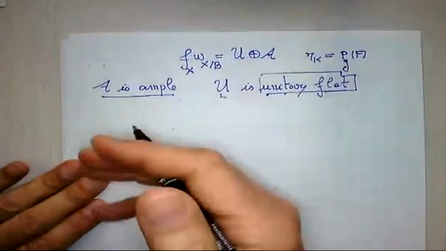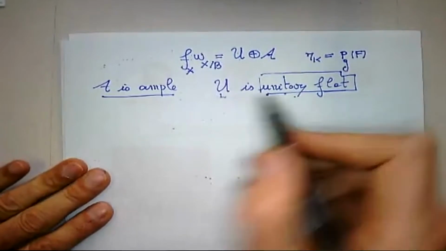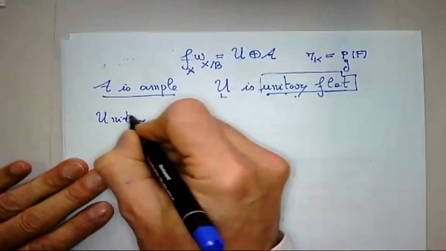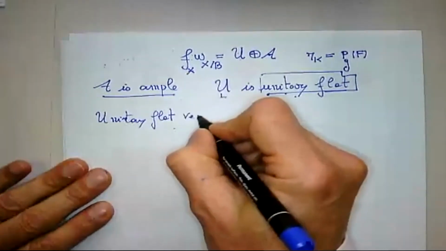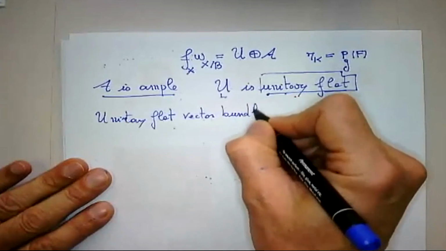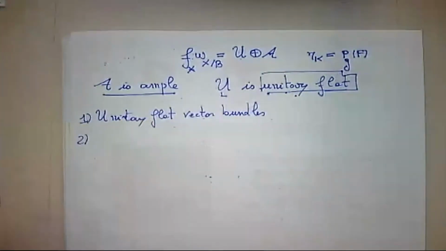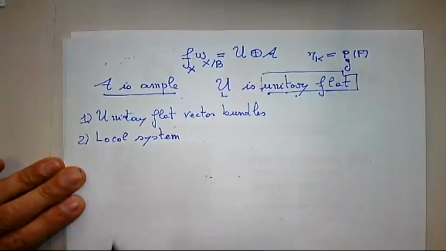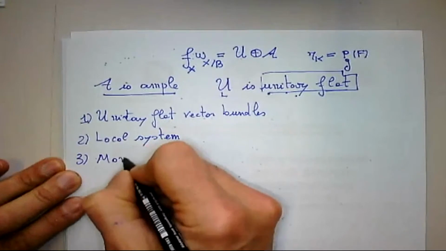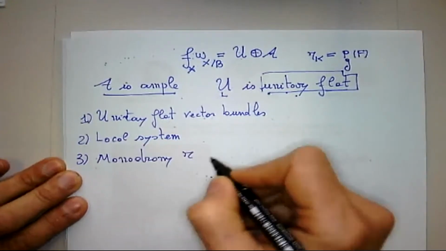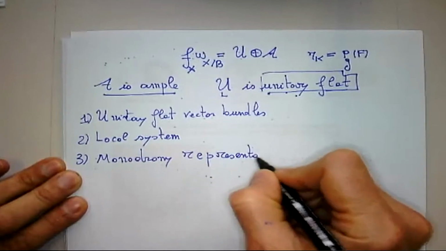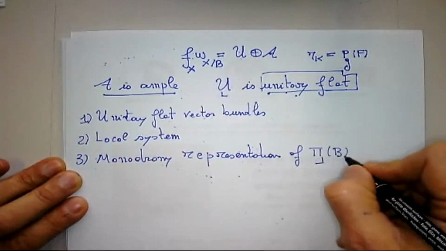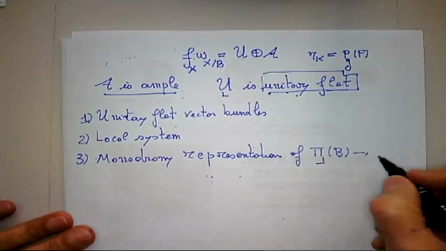There is an equivalence of categories between one, unitary flat vector bundles; two, local systems, I will recall the meaning of these words; and three, monodromy representations of the fundamental group of B in some vector space V.